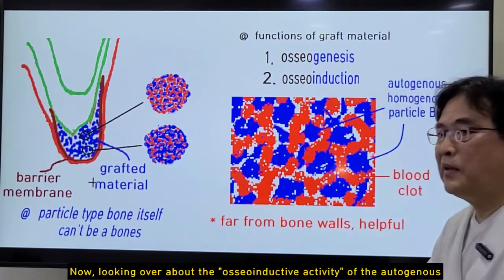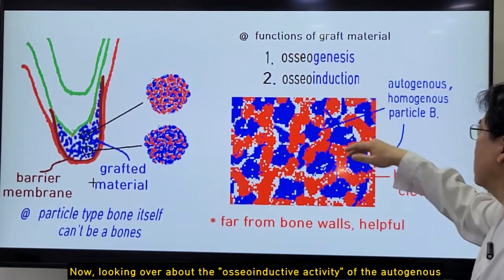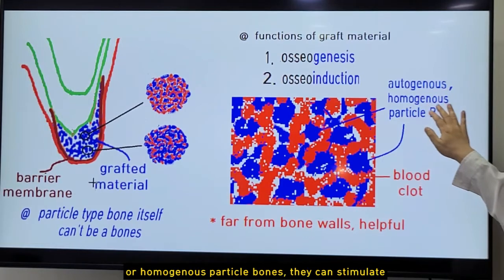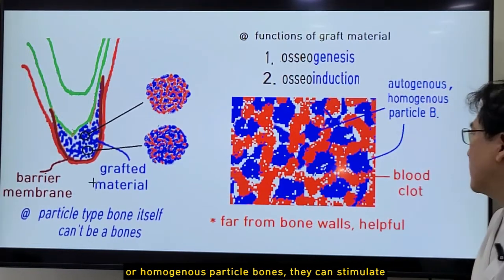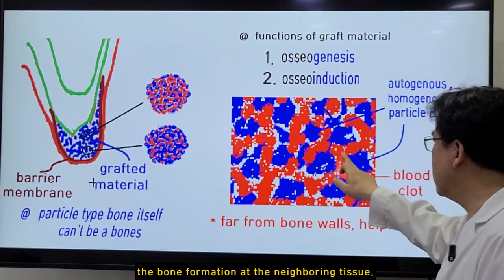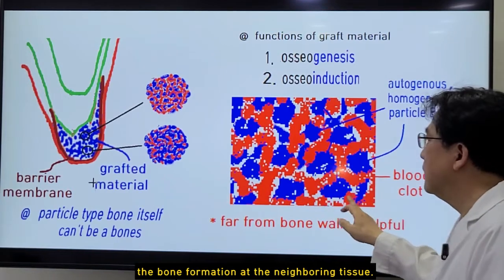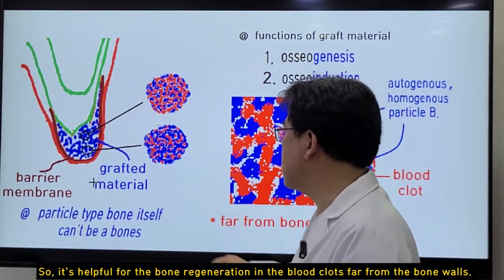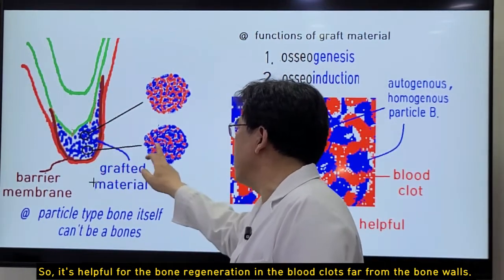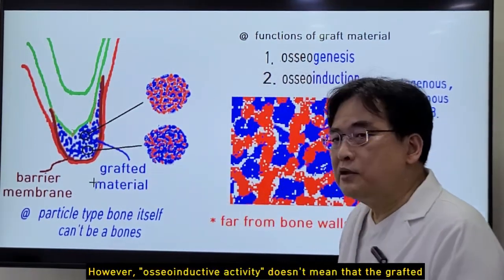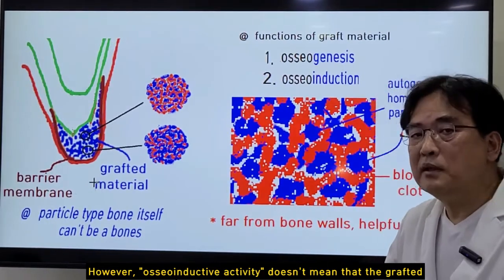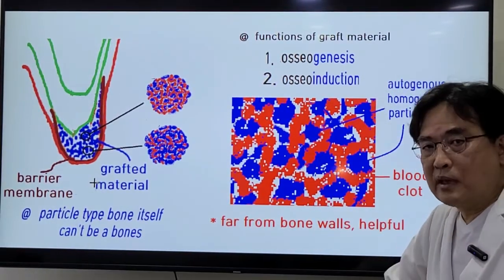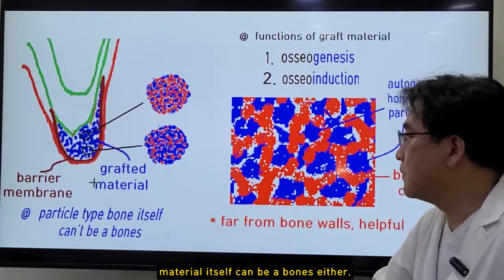Now, looking at the osteoinductive activity of autogenous or homogeneous particle bones, they can stimulate bone formation in the neighboring tissue. So it's helpful for bone regeneration in the blood clots far from the bone walls. However, osteoinductive activity doesn't mean the grafted material itself can be bone either.